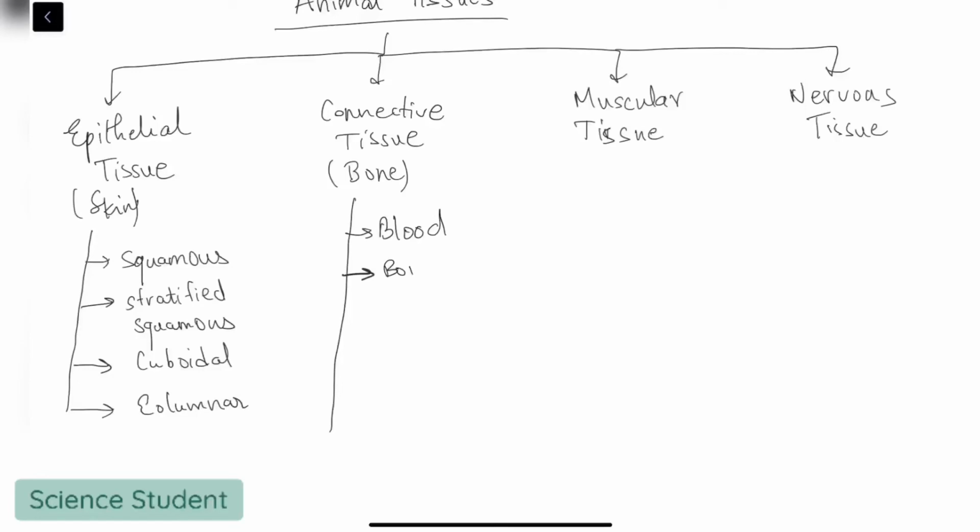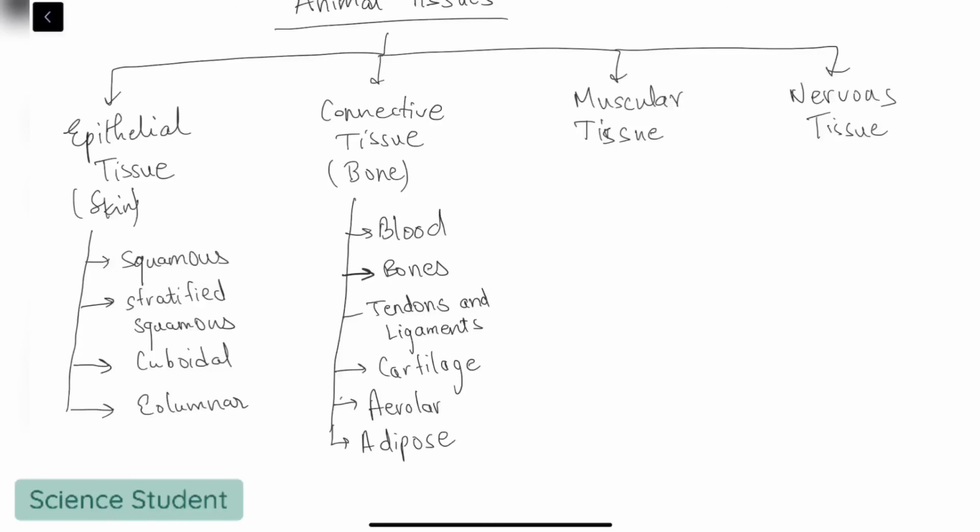Then bone, tendons and ligaments, cartilage, areolar connective tissue, and adipose tissue. So 6 types of connective tissue.